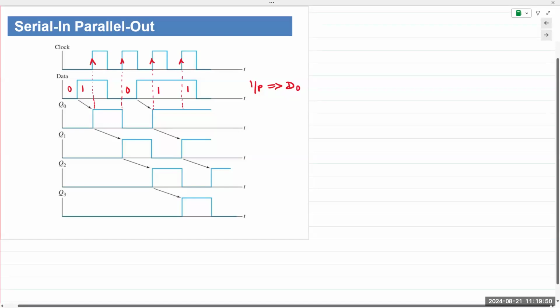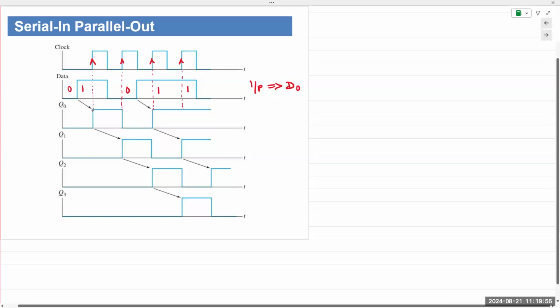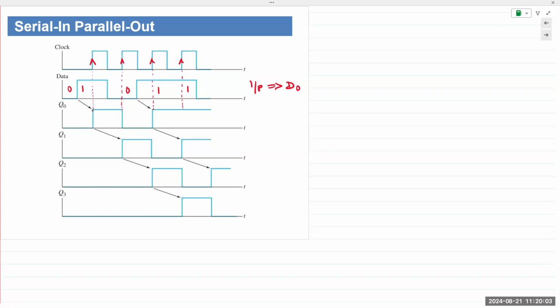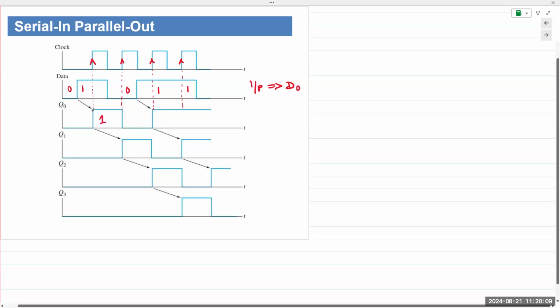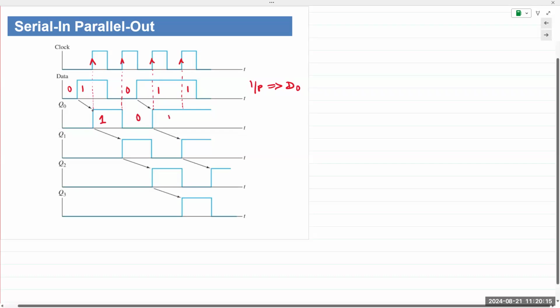So every time the edge trigger arrives, I'll note it in the clock, and then I will note the value of the input at the moment the edge trigger arrives. And then that is transferred to the output. So it goes to 1 first, then goes to 0, goes to 1, then remains at 1.